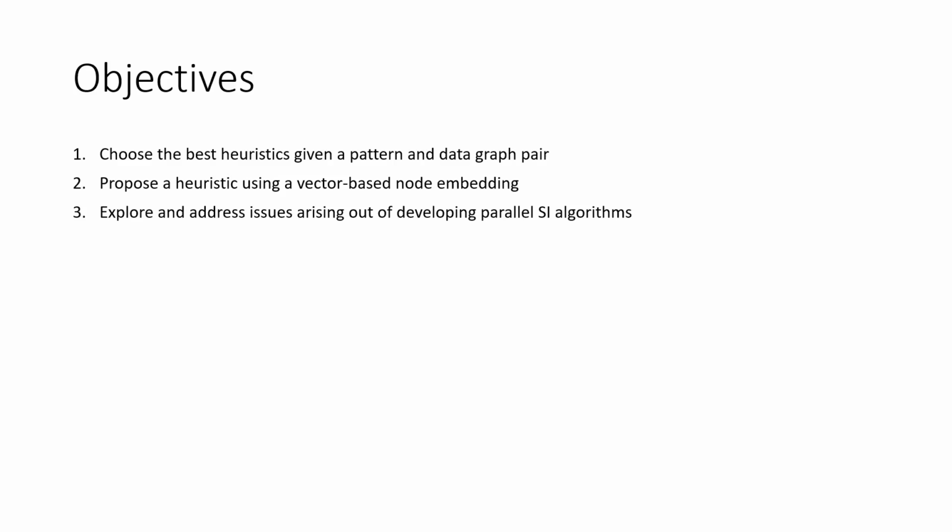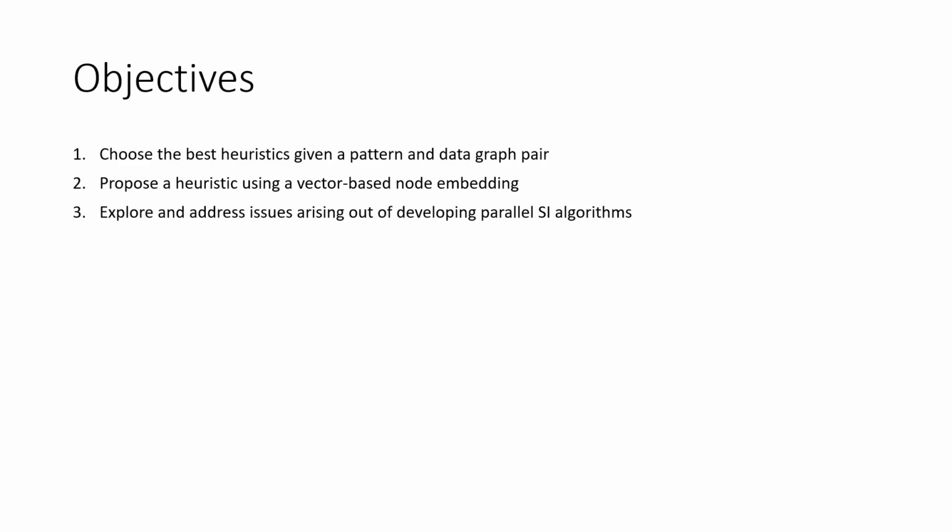My second objective would be to propose a new heuristic that uses a vector based embedding of the nodes. Right now, the solutions that are available in literature use some kind of scalar quantity characteristic of the graph to direct their heuristic search. For example, Ullman uses degree of nodes. VF2 uses neighborhood as well as degree.